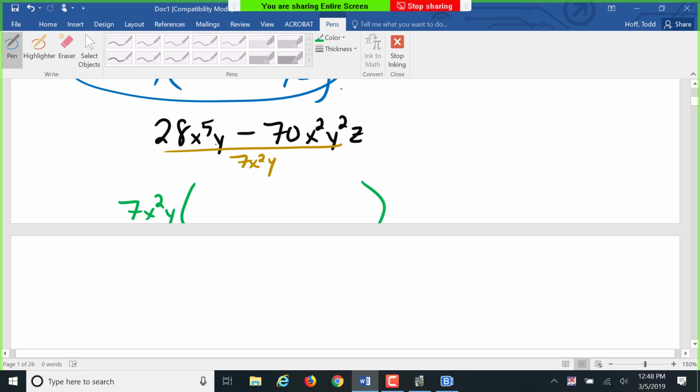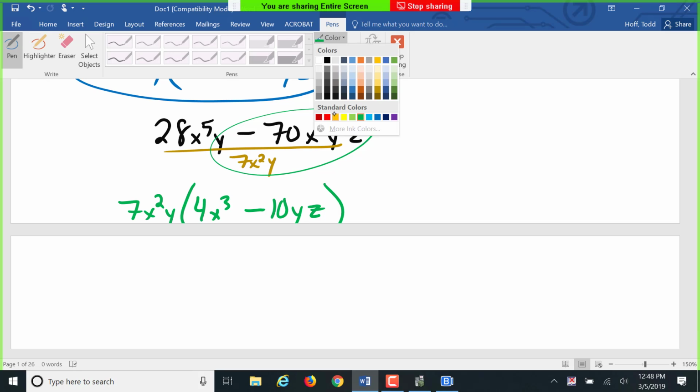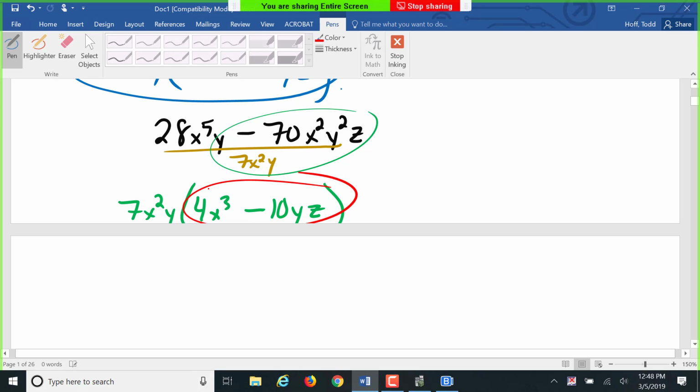Well, 28x to the fifth y divided by 7x squared y is going to be 4x to the third. -70 x squared y squared z divided by the 7x squared y is going to be a -10 yz. When I look at what's inside the parentheses here, I see that both those still have a common factor of 2. So I'm going to divide out that 2.